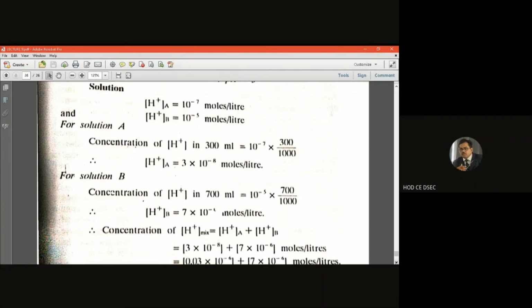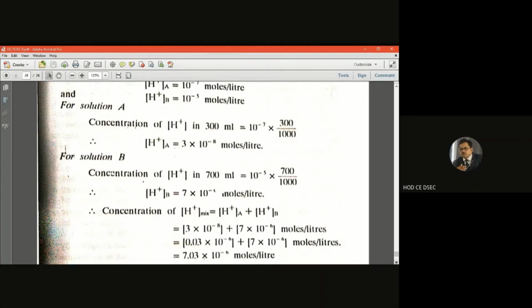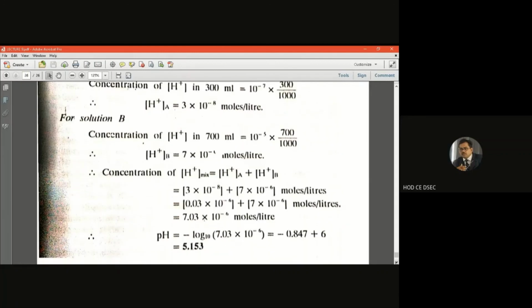So you have to take the 70% multiplying factor, and then you add, because the first part is 30% and the second part is 70%. Doing that, you will arrive at 7.03 into 10 to the power minus 6, the H plus concentration of the mixture, taking care of the percentage of the volume.